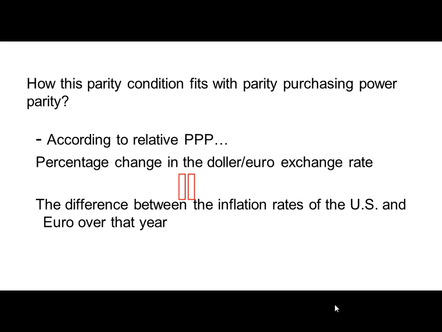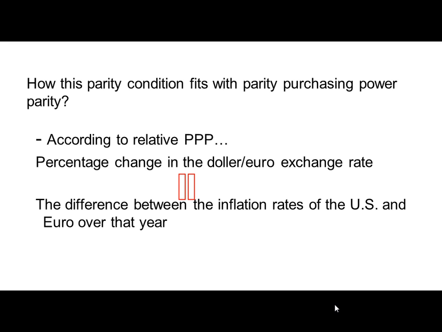According to relative PPP, the percentage change in the dollar-euro exchange rate over the next year will equal the difference between the inflation rates of the United States and Europe over the year. People know this, so they expect the percentage exchange rate change to equal the US-Europe inflation difference.